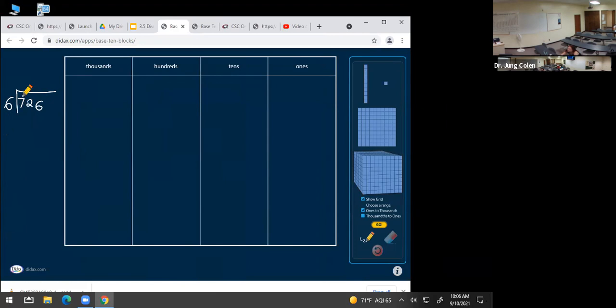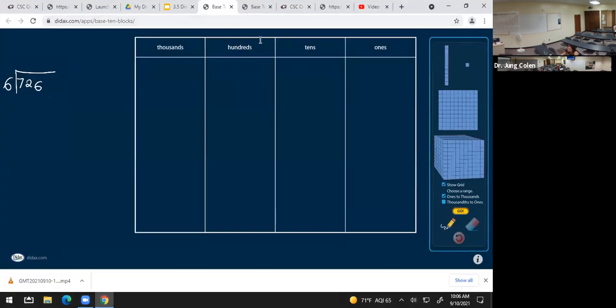How can I represent 700? What do I use for 700? Which one is the 100? The flat here, right? So we can put 7 of them.